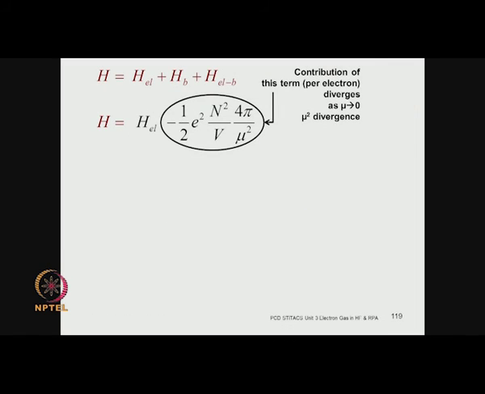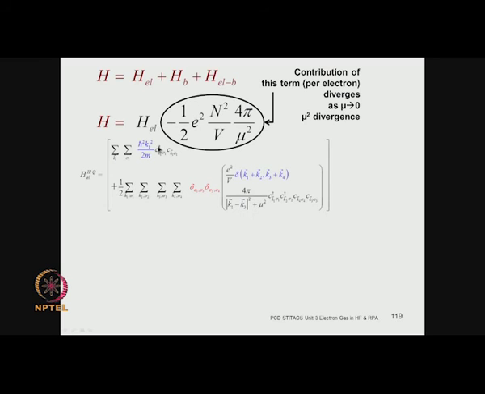So, this is the mu square divergence that we were worried about. This is the second quantized form of the electron Hamiltonian that we have now got. We have got the Fourier transform of the screened Coulomb interaction. The whole Hamiltonian is written in second quantized form in terms of the creation and destruction operators.